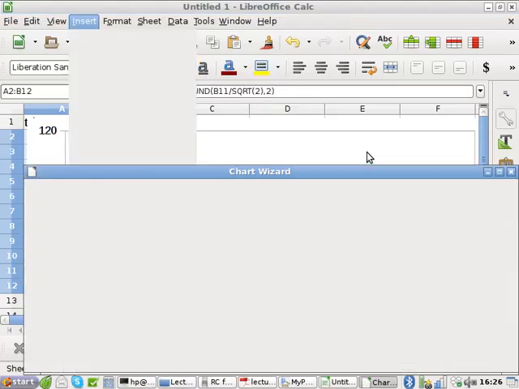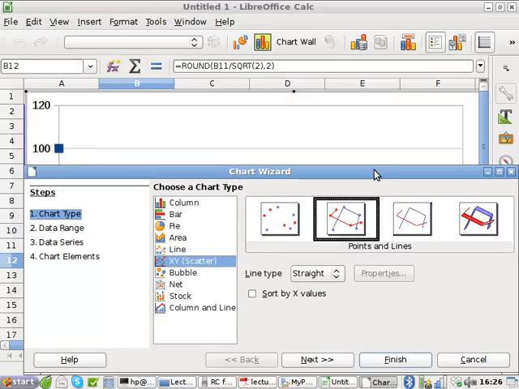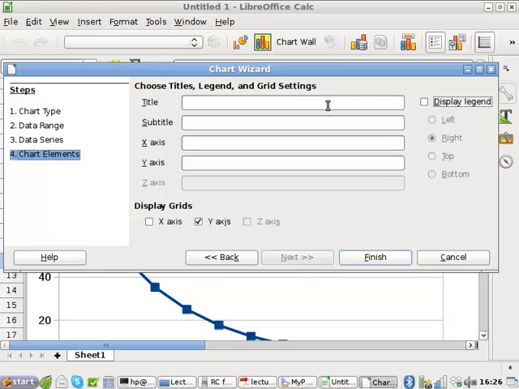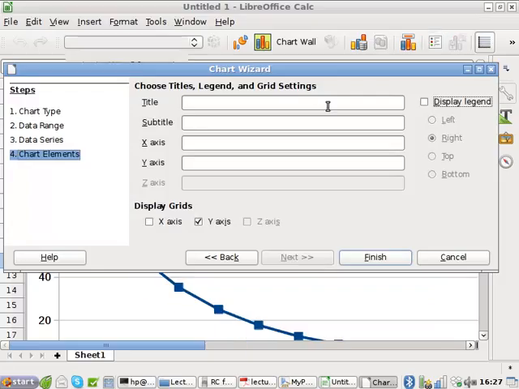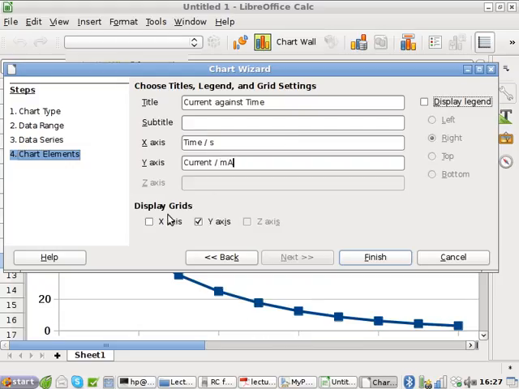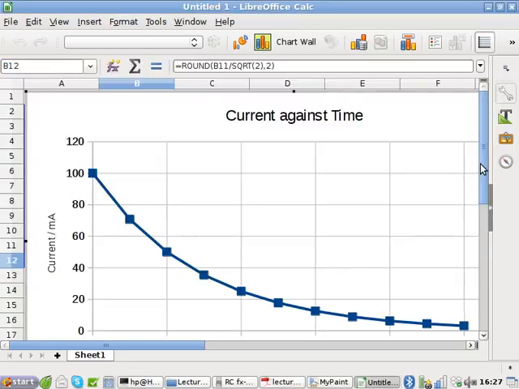What type of plot do I need here? We'll go with scatter and we'll connect them up. And we'll call this current against time. Time in seconds, and the axis is current in milliamps. So we get this shape.